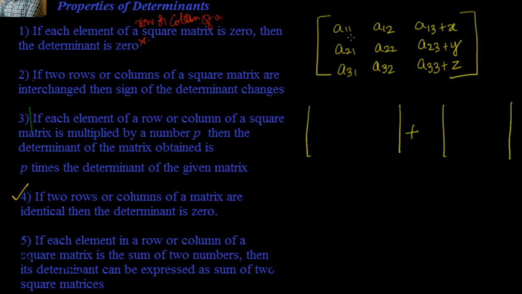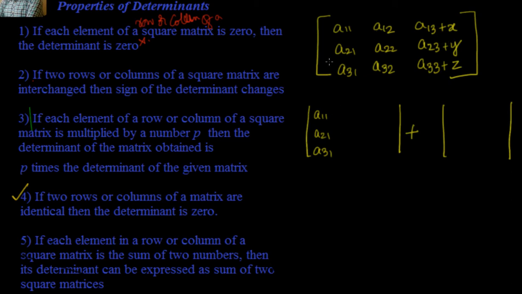You can write it as A11, A21, A31. To simply understand, the column or row which is written as a sum of two numbers will not remain the same; the remaining will remain the same. That means the remaining two columns stay. Here I am changing the column which is expressed as a sum of two numbers.